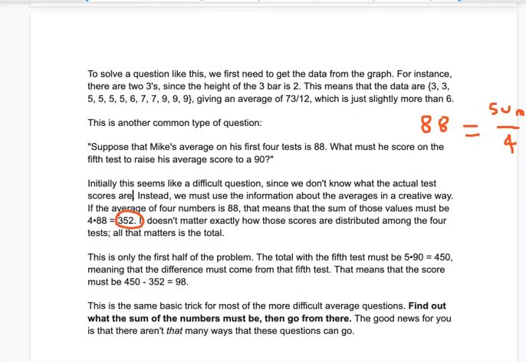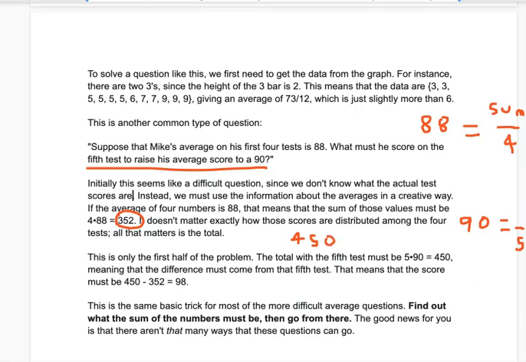Now they're asking, well, what about 5 tests having an average of 90? Well, if we do the same thing, we know that the average is 90, and we know that it's going to be 5 tests, right? So now we know that the sum of all 5 tests would have to be 90 times 5, which is 450, right?